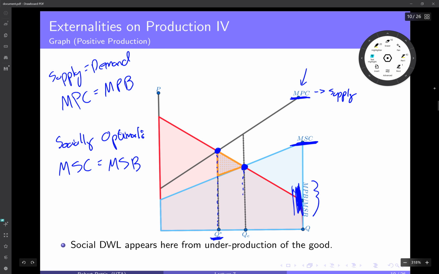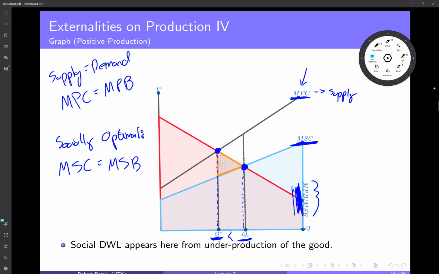We go down, and we see some QE, that is our efficient outcome socially. In this case, the efficient outcome is greater than the market outcome. In other words, society's welfare would benefit from producing more.